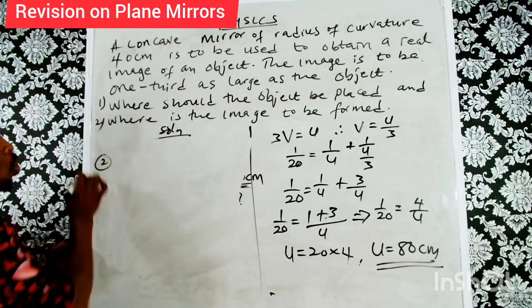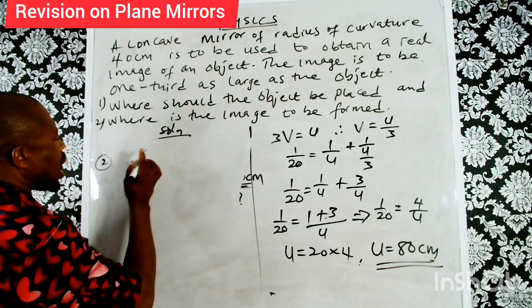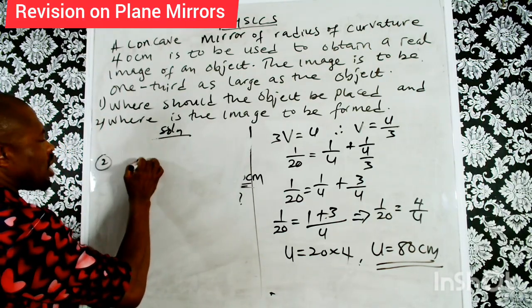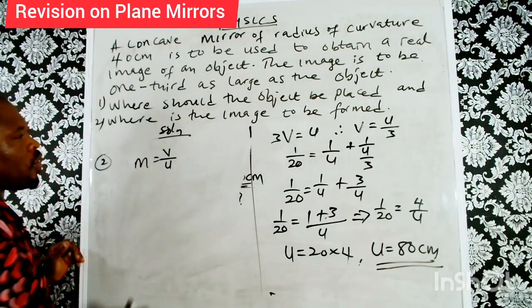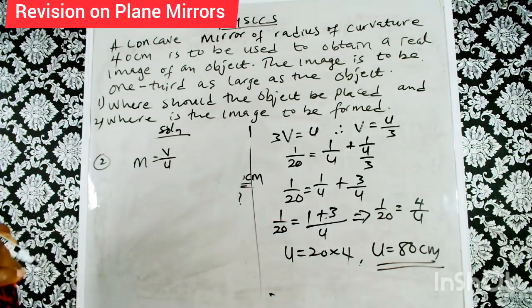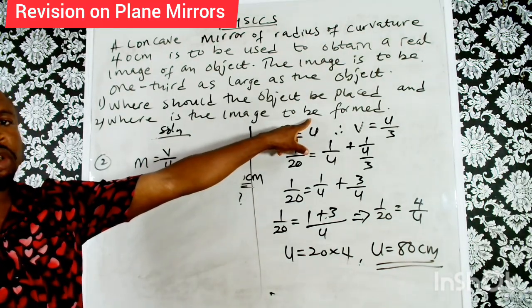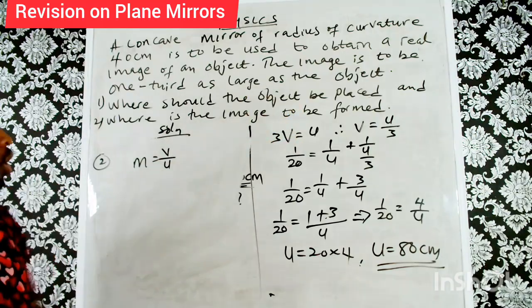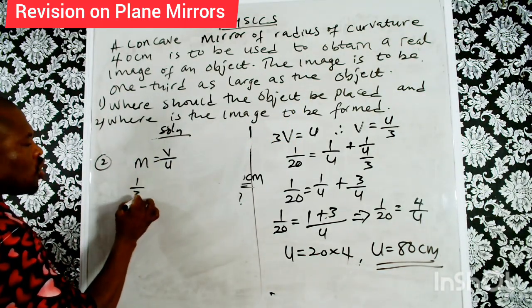So to solve the second one, we have magnification is V all over U. Remember, they said, where should the image be formed? Since we have that already, magnification is 1 over 3.